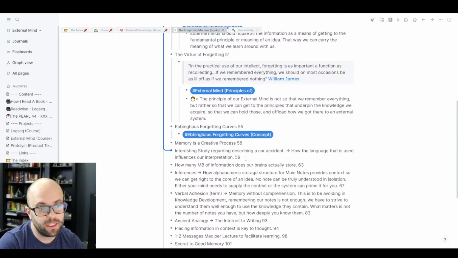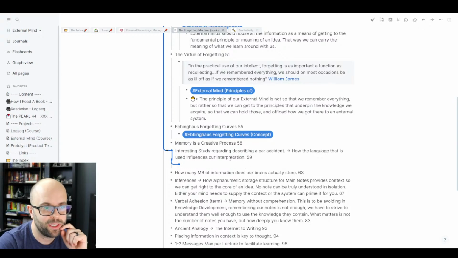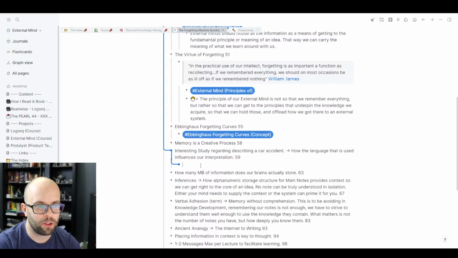So this one here was an interesting thing that I learned from this book. They did this study where they described a car accident to people using different words, like the car bumped, the car crashed into the other car, different kinds of adjectives for that.